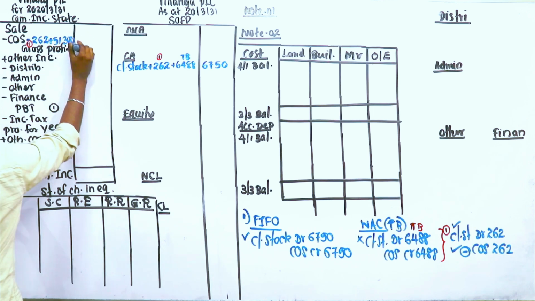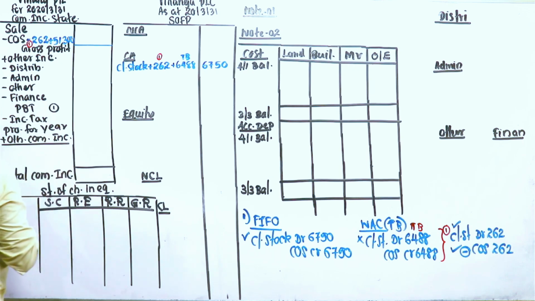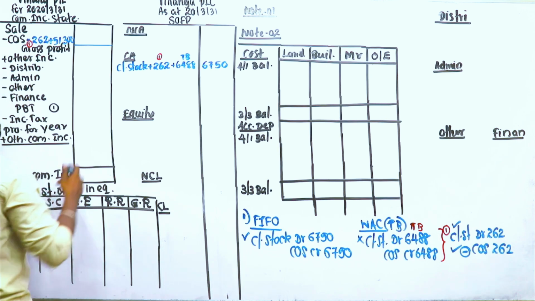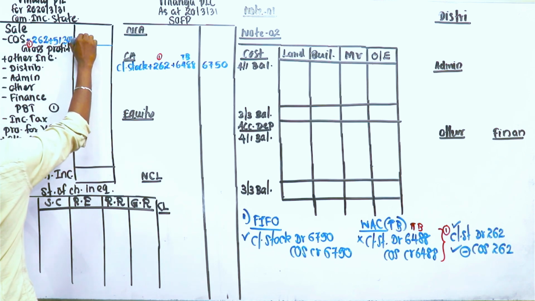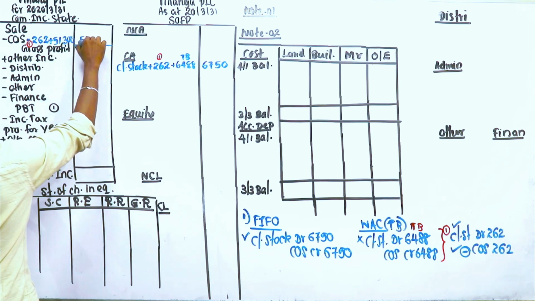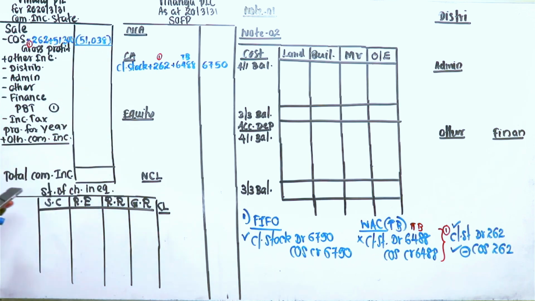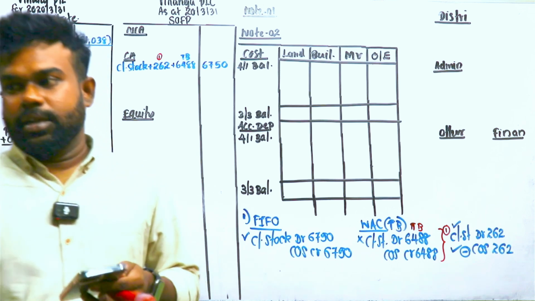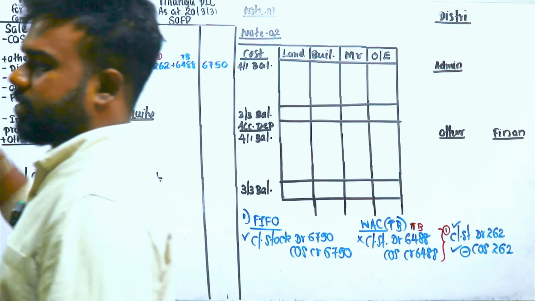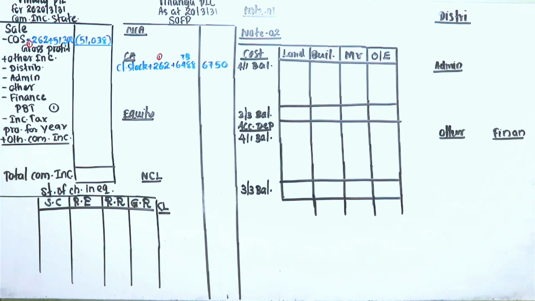Write down the deduction and write down the adjusted cost of sales. 51,038. Directly adjusted, right?